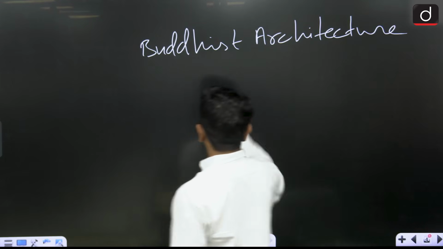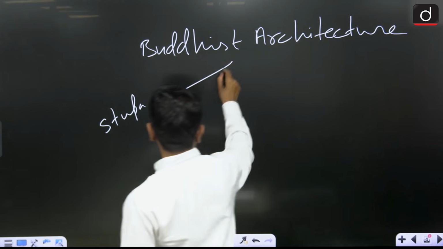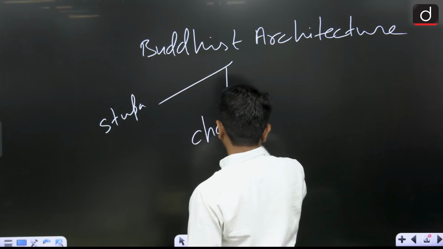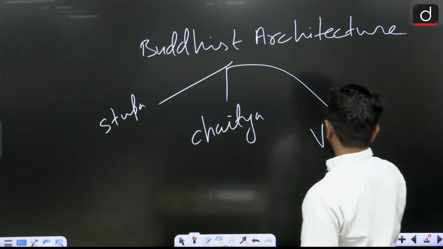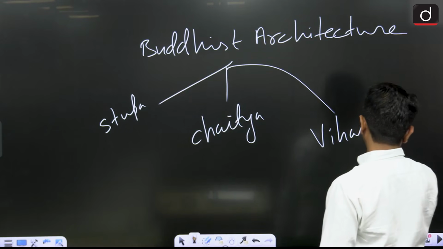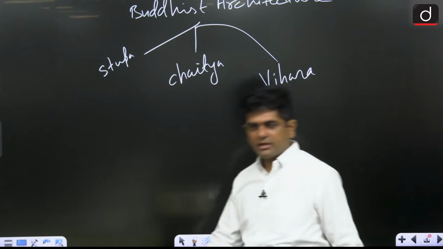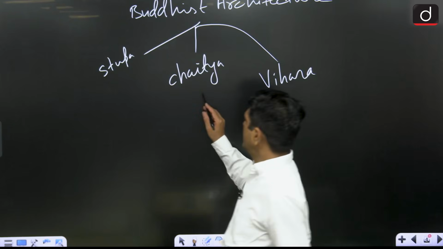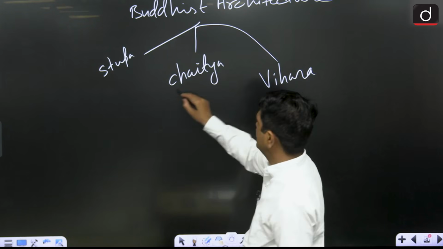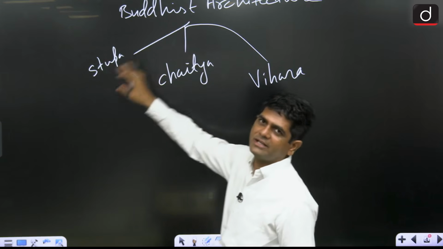Under Buddhist architecture, basically we have to study about Stupa, Chaitya and Vihara. Clear, dear? So first starting with the Chaitya, then coming on to the Vihara and finally to the Stupa.